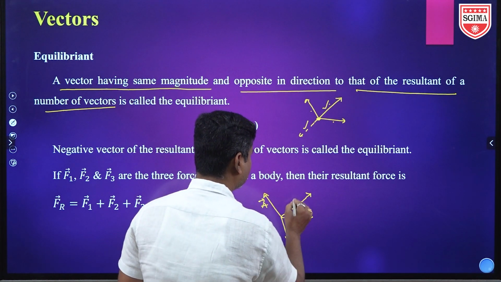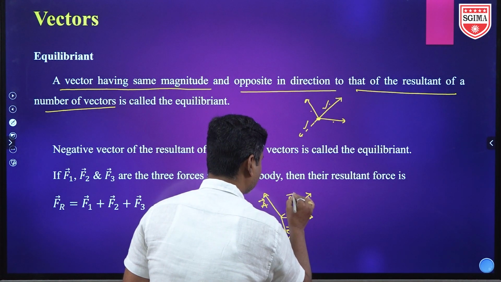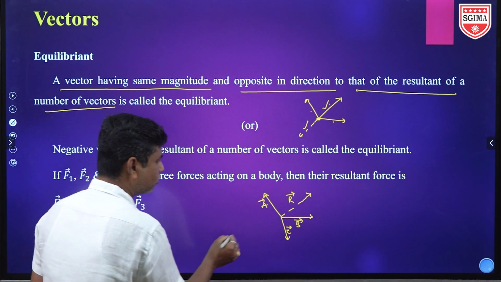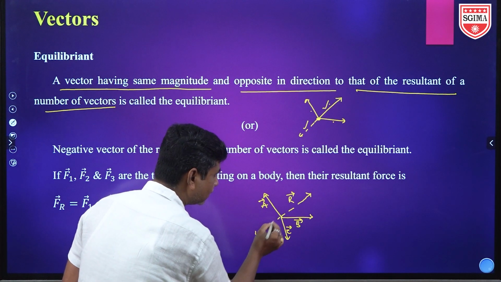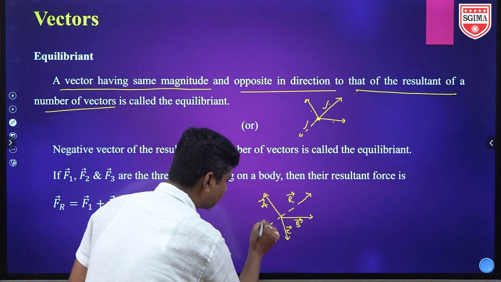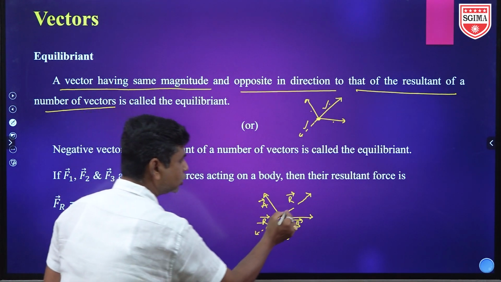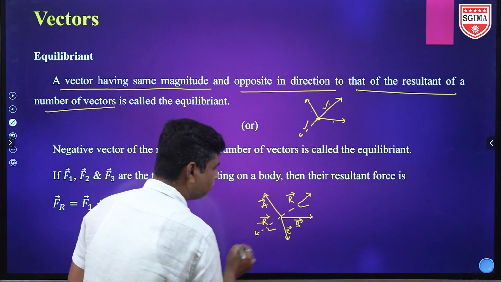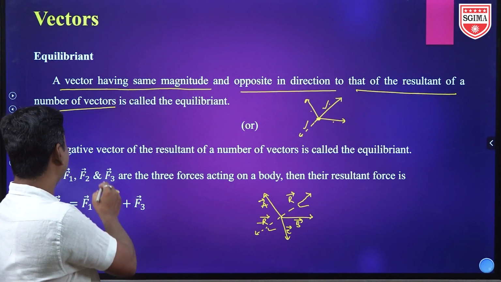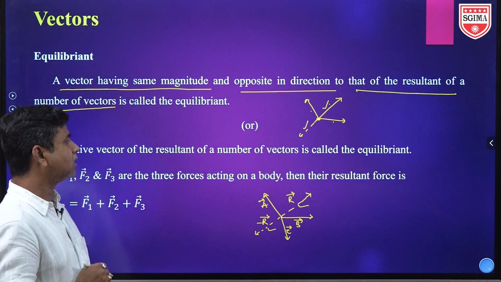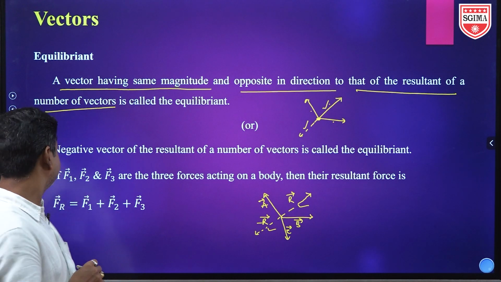The resultant vector can be taken as R bar, for example. Now take one more vector in the opposite direction of R bar; this vector is called minus R bar. These 2 vectors have the same magnitude but act in opposite directions. So the negative vector of the resultant of a number of vectors is called the equilibriant.